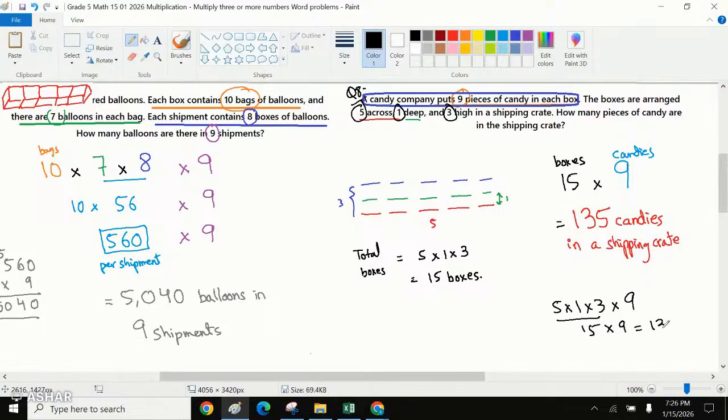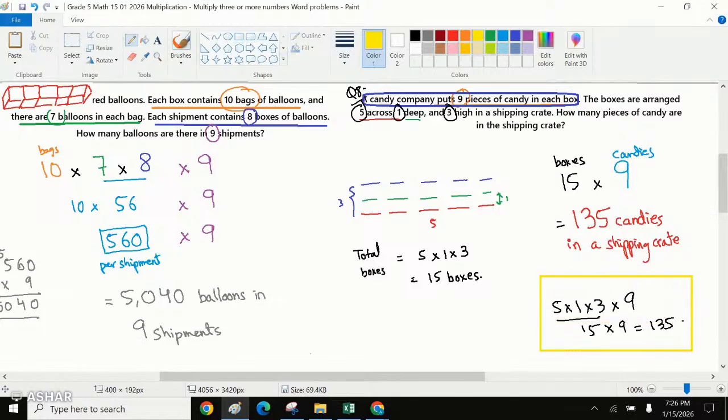That would be 135. You can multiply the numbers together also, or logically you find the number of boxes, and then you show that you're multiplying it by the number of candies in each box. Okay, so that is your choice how you represent the data.